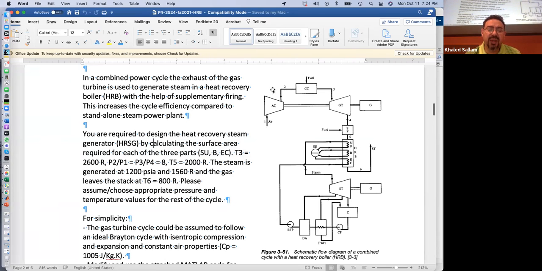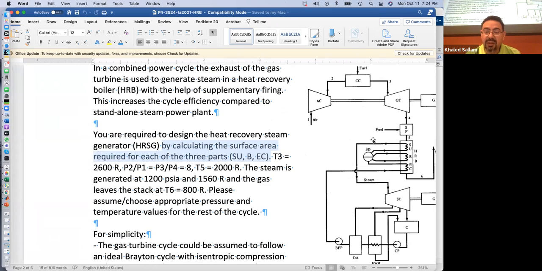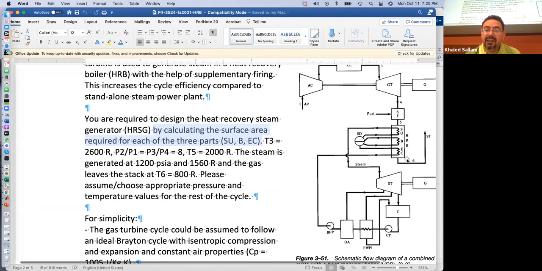Sorry, 2,000 Rankine. No, he gave us T3. So T3 is 2,600 Rankine and T5 after the supplementary firing becomes 2,000. Okay, and then he said the hot gases leave here at 800.